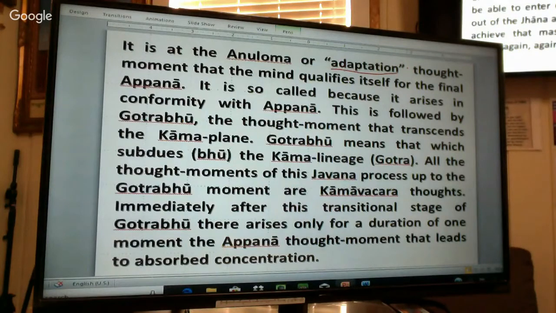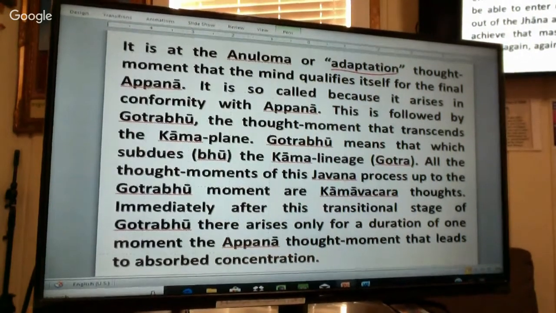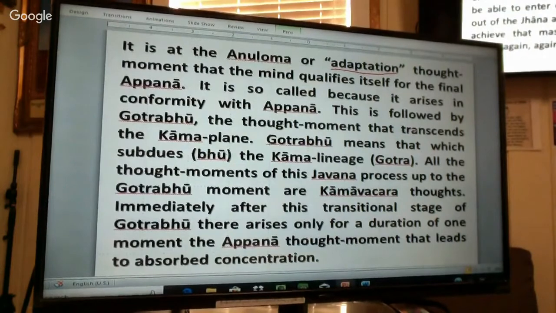That is what we call Anuloma, conformity with the appana. This is followed by Gotrabhu, another one. Gotrabhu is a kind of borderline mind.